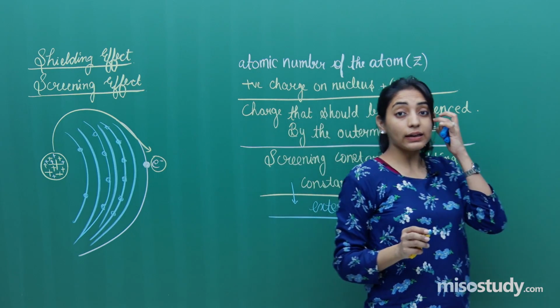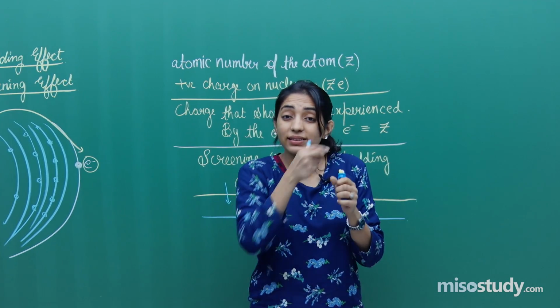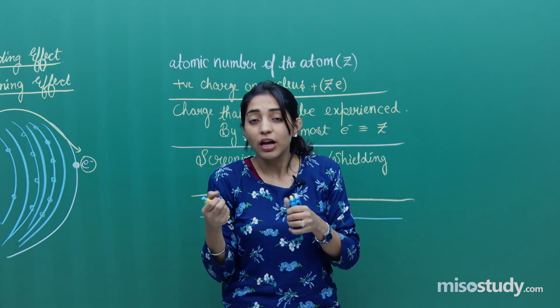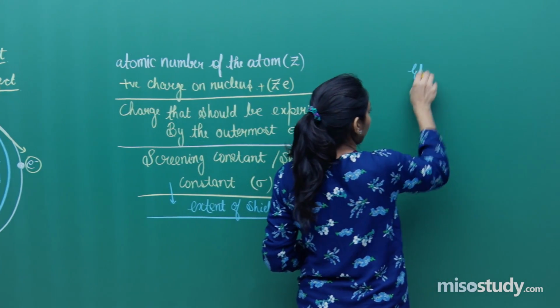Now, if the electron was supposed to experience a total charge of Z, but some charge is getting shielded, what is the effective charge that is experienced by the electron?